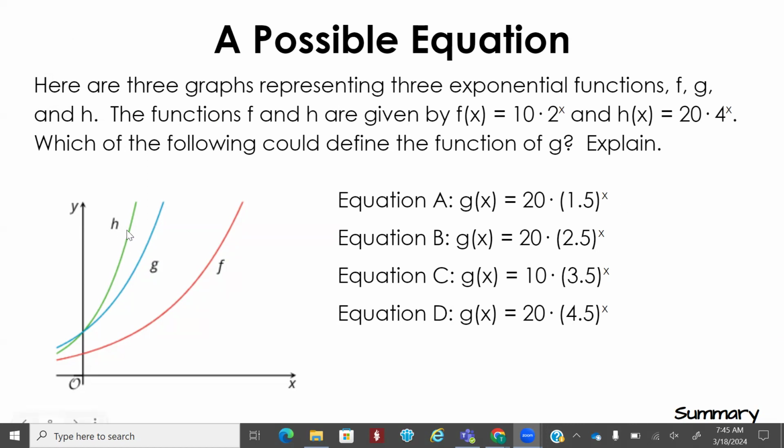Okay, so we see h is right here. We see f is right here, and we're trying to figure out what g would be. What's going to help us decide that? What would be the y-intercept of g, looking at our graph? What would the y-intercept be?